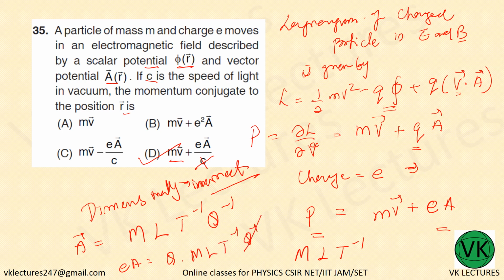The q's cancel, giving m L t to the power minus 1, so this is momentum. So mv and A by C are two different dimensions, so there is no need of C here, it is a mistake. The correct option is mv plus EA, where A is the vector potential and V is the velocity of the charged particle.